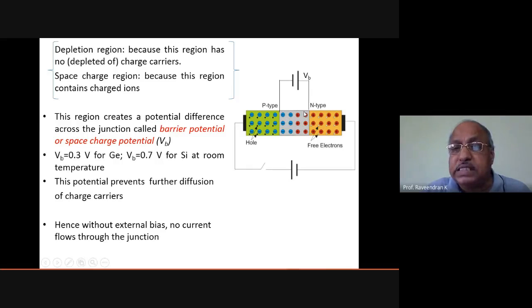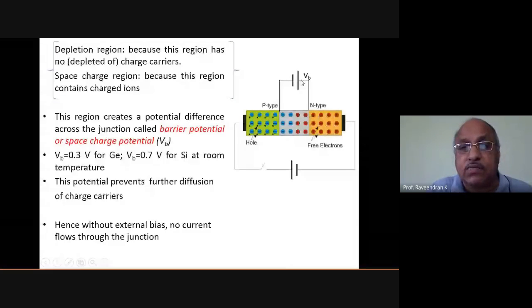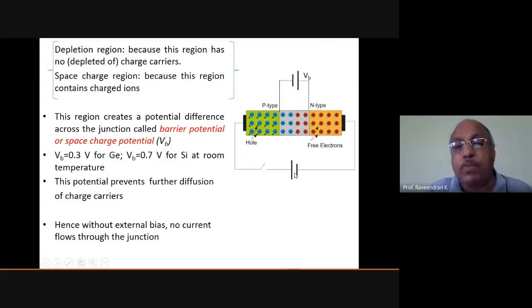And this space charge region acts as an electric field with positive and negative polarity, appearing with a voltage VB. This space charge voltage will always be opposite to the applied EMF E.